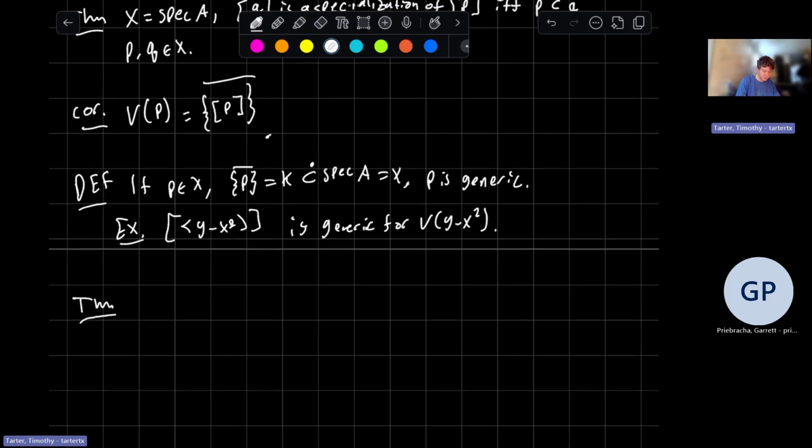So, theorem: f evaluated at the generic point equals 0 of an irreducible scheme if and only if f equals 0 on that scheme.